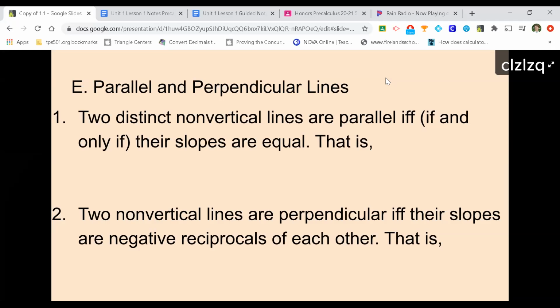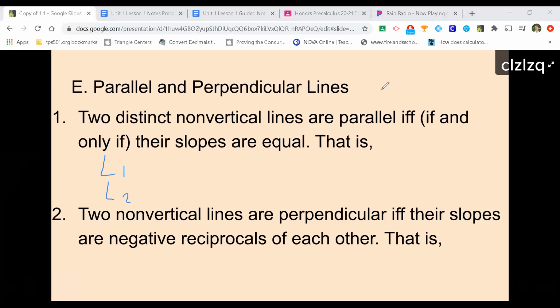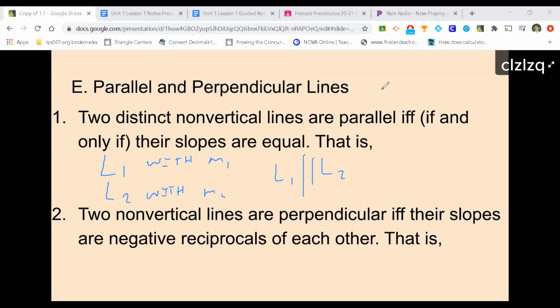That is, if we have two lines, line 1 and line 2, who have slopes M1 and M2, then we could say L1 is parallel to line 2 if and only if the slope of line 1 is equal to the slope of line 2. That's the parallel marks. This means parallel.